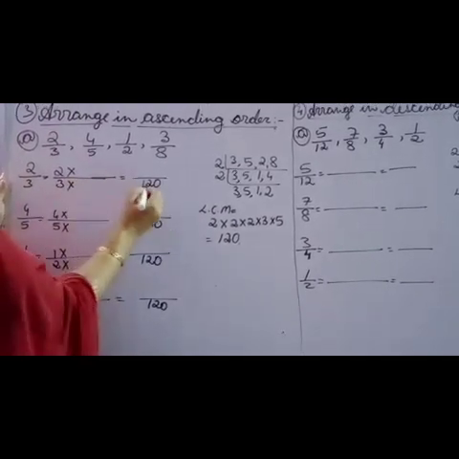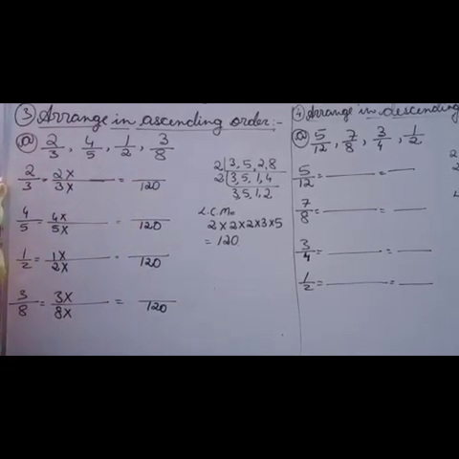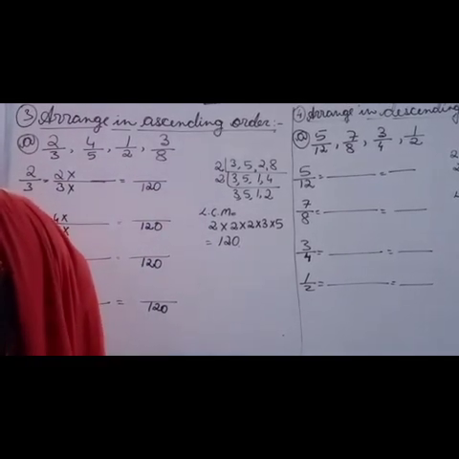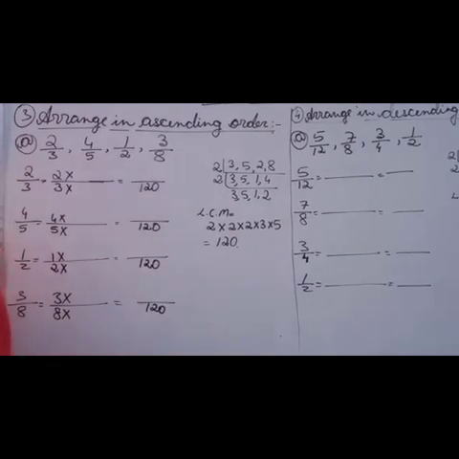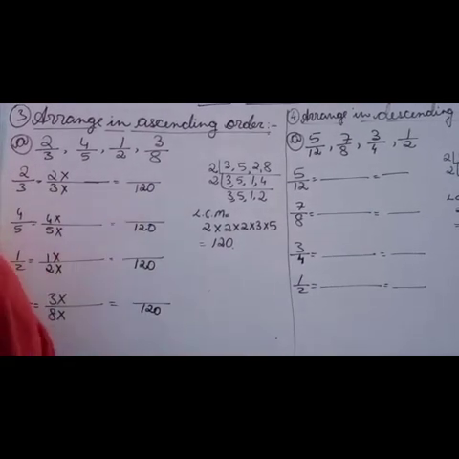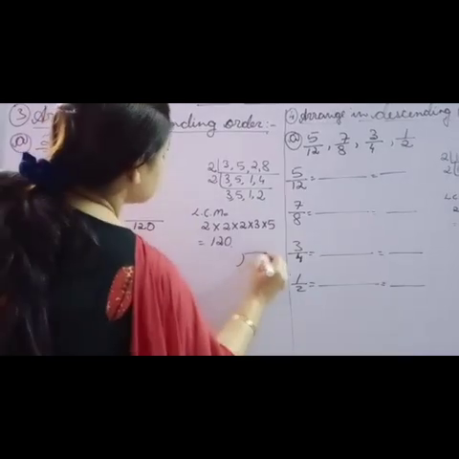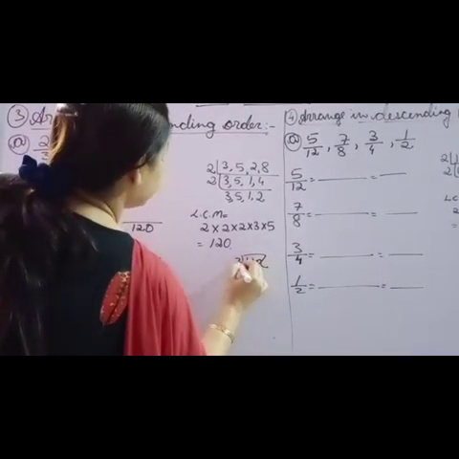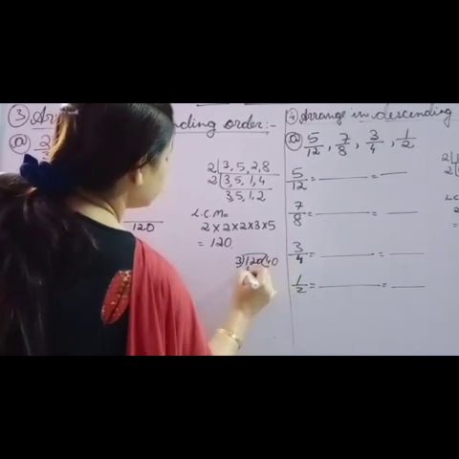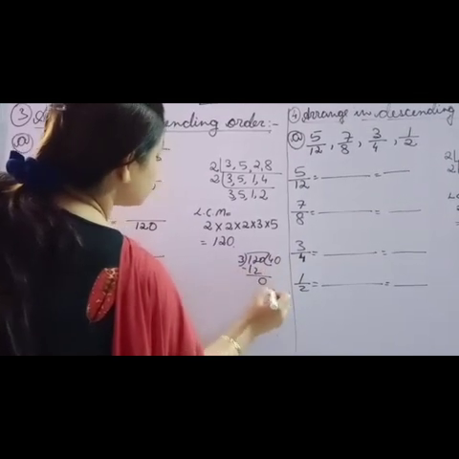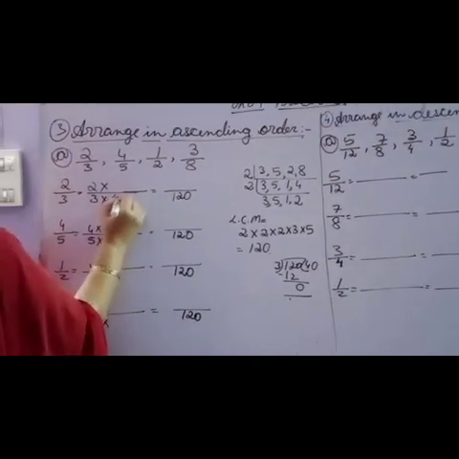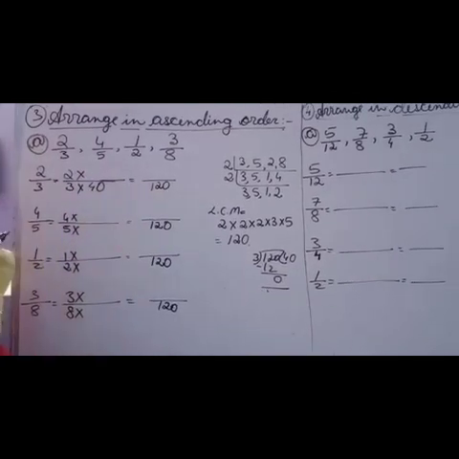Now 3 into what is equal to 120? If you find this number is too big, you can just divide it in the rough column, like this, children, and find out. You will get here 40. So 3 into 40 is equal to 120.